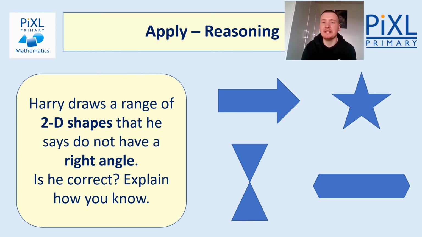So look at some of these crazy and wacky shapes that Harry has drawn. Work out, is he correct? They have no right angles, or if he's not correct and you find a right angle, make sure you tick the ones that have a right angle in the shapes. So pause the video, have a quick go, make sure that you post them all onto your portfolio, and I can't wait to see your answers and to put even more dojos on.